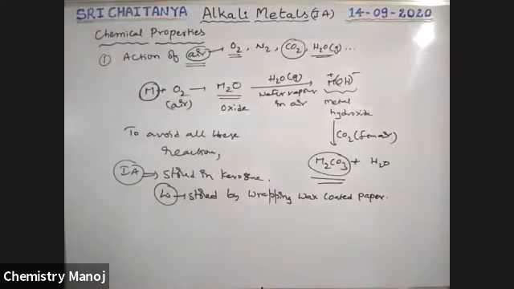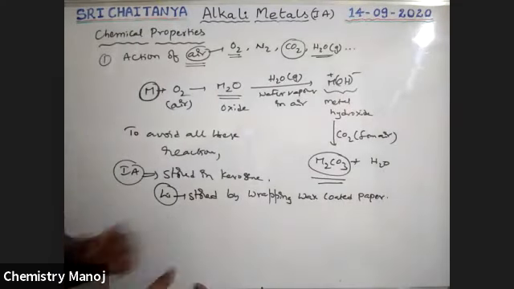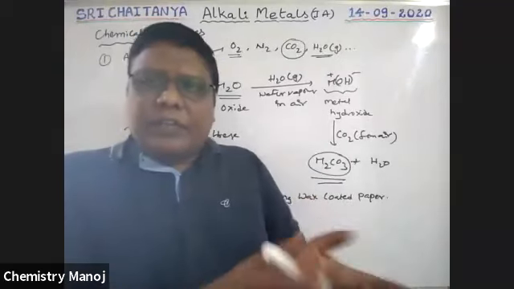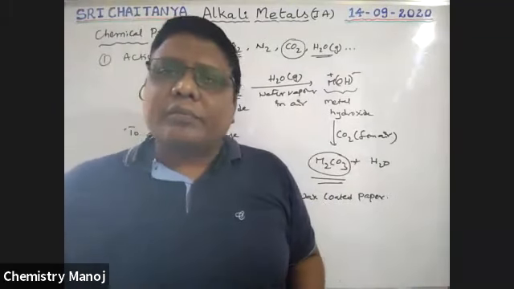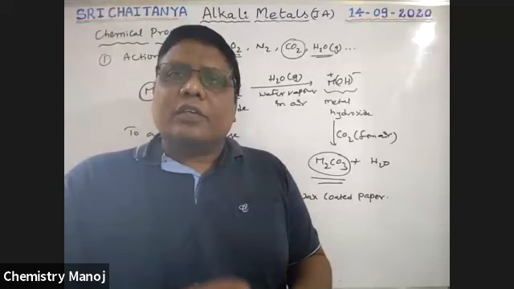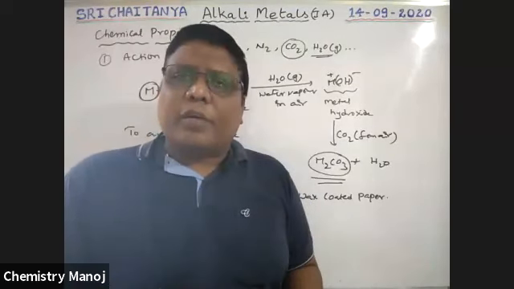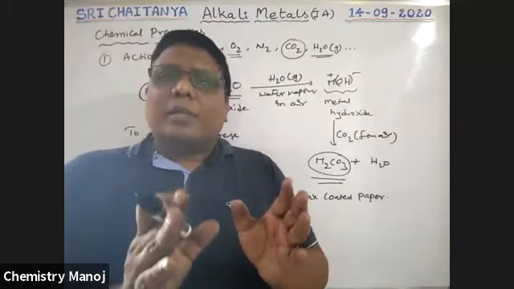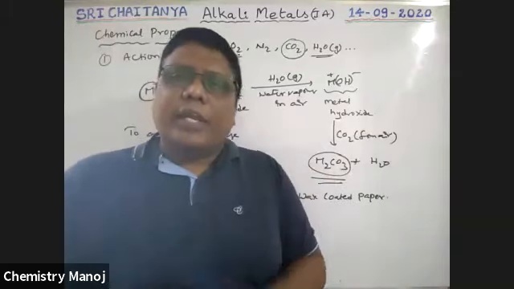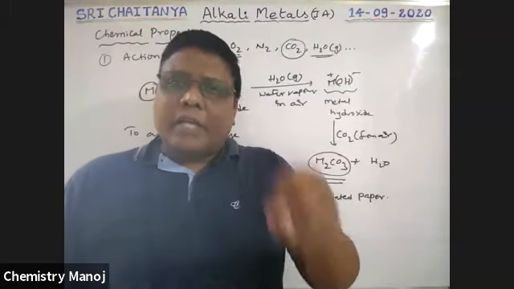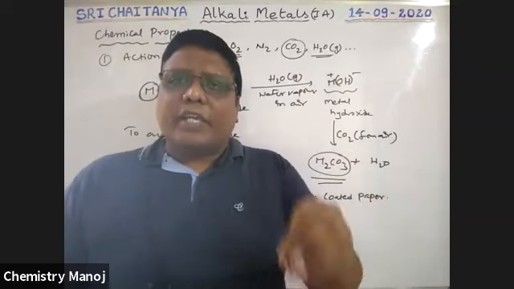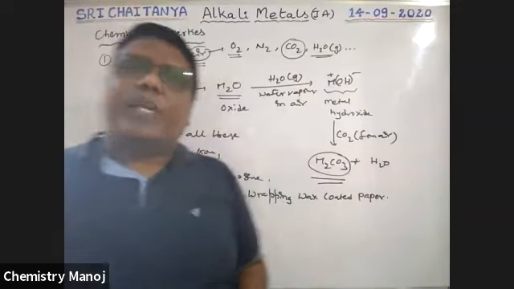The wax coated paper covers the lithium, which is then stored in kerosene, to give more protection. That is why alkali metals are very reactive towards air. Because of this, alkali metals are stored in kerosene.